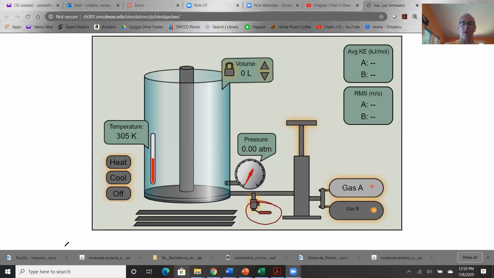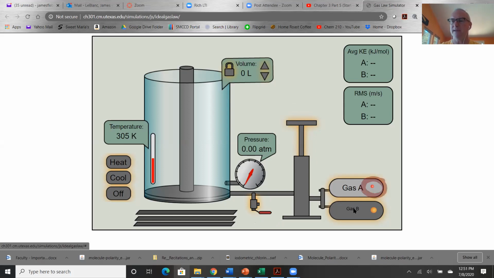So what I'm going to do is put in 2 pumps of gas. I go over here to the little pump, and I'm going to give it a couple pumps of gas. You can see I've got 2 different gases, and the 2 different gas molecules are 2 different sizes. Gas A is smaller.